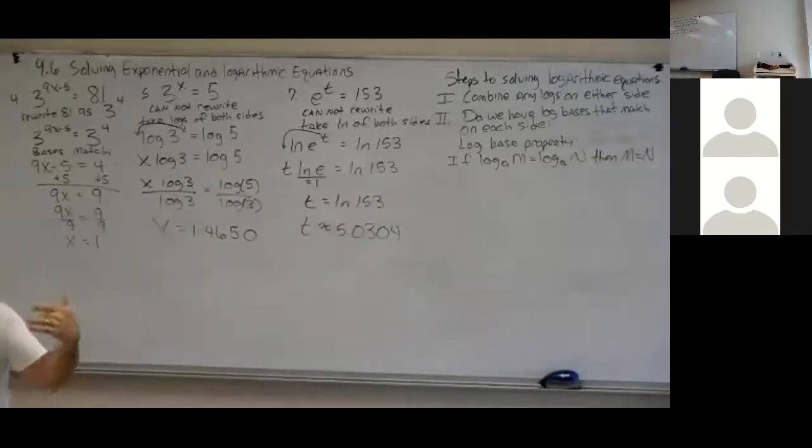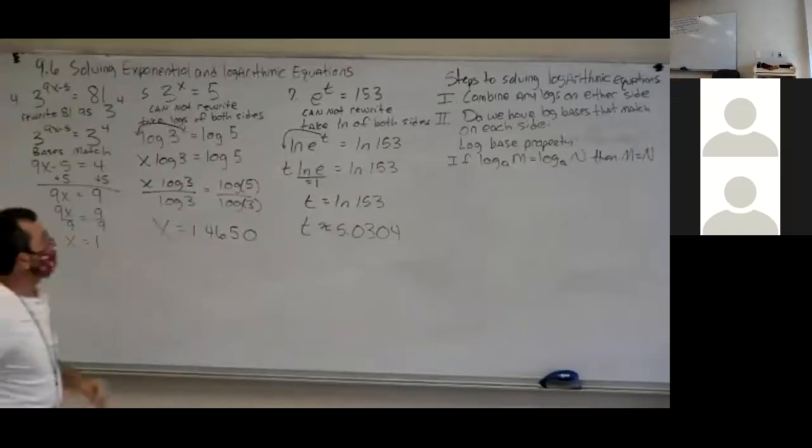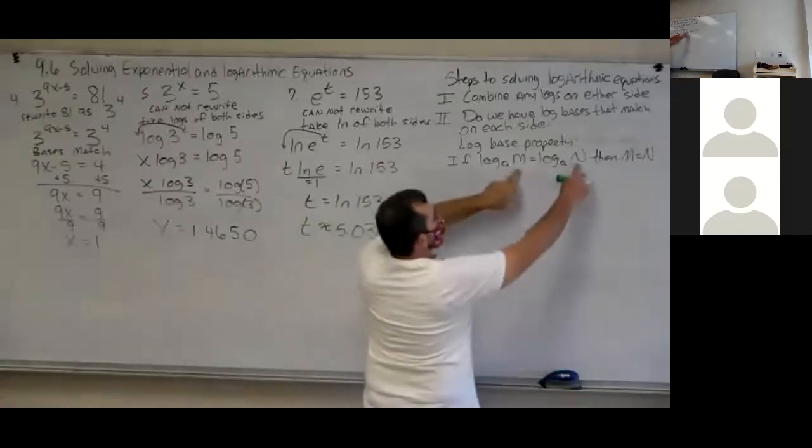So just like that base exponent, this one you're looking for the logs to match. And they're going to have the same bases in the homework, so don't worry about that. But if you get a log on one side equal to a log on the other side, then that means these results are equal.